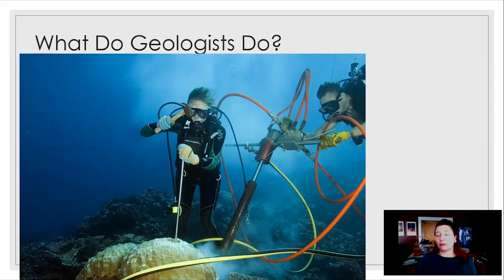What kind of things have influenced those climate changes? Can that help us understand what changes climate today, how humans play a role in it, and what's going to happen in the future? In this picture, we have a couple of geologists who are drilling into an old coral head to get samples that tell us about changing ocean chemistry and climate. So yes, definitely getting into some biology here as well.